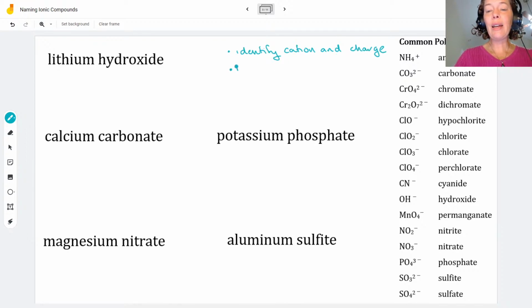Same thing with the anion. We want to identify it and know its charge. And then the last step, which is the most difficult, is to make a neutral compound.